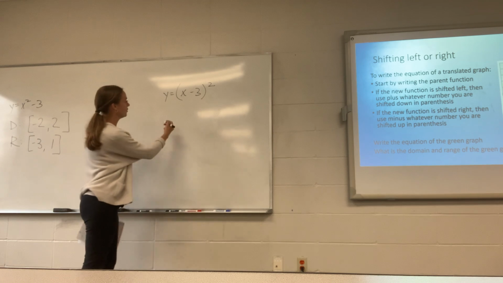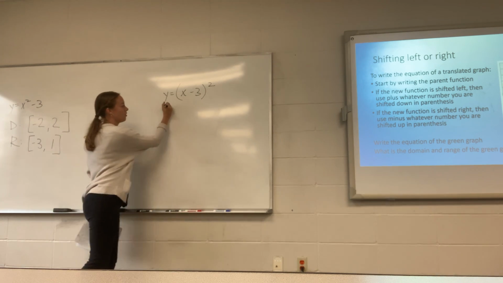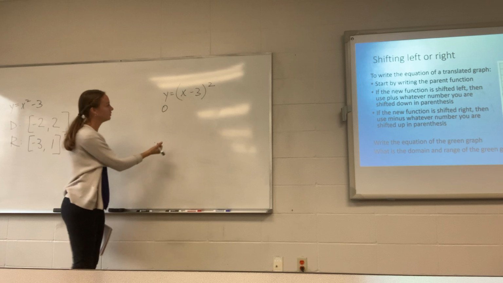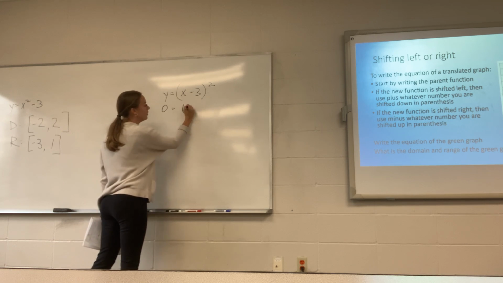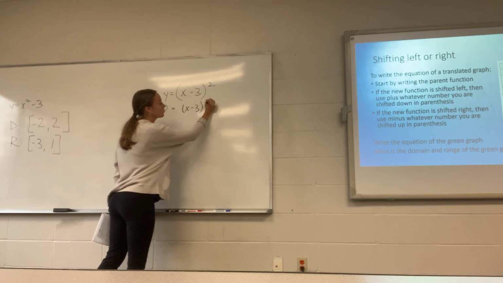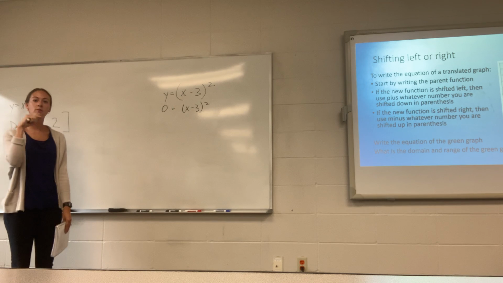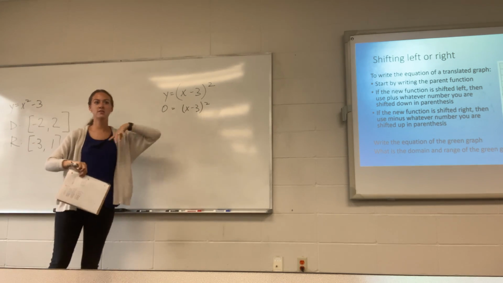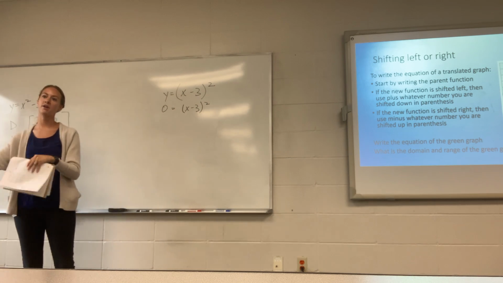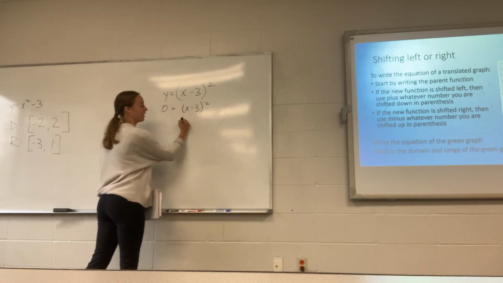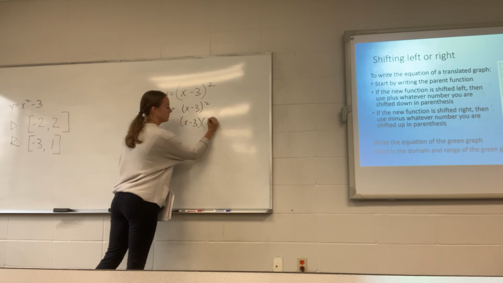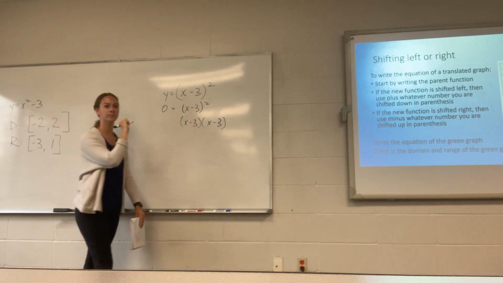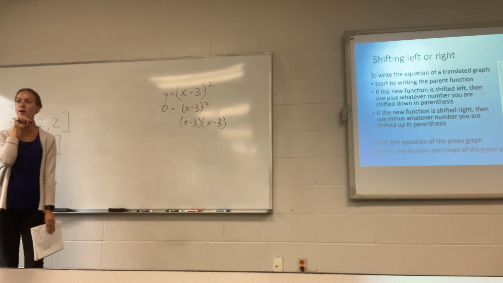So the y value, since it's not moved up or down, is 0. So if I take 0 is equal to x minus 3 squared, and solve this out, doesn't that mean I have 2 quantities of x minus 3? So I would have x minus 3 times x minus 3. Is everyone okay with that?